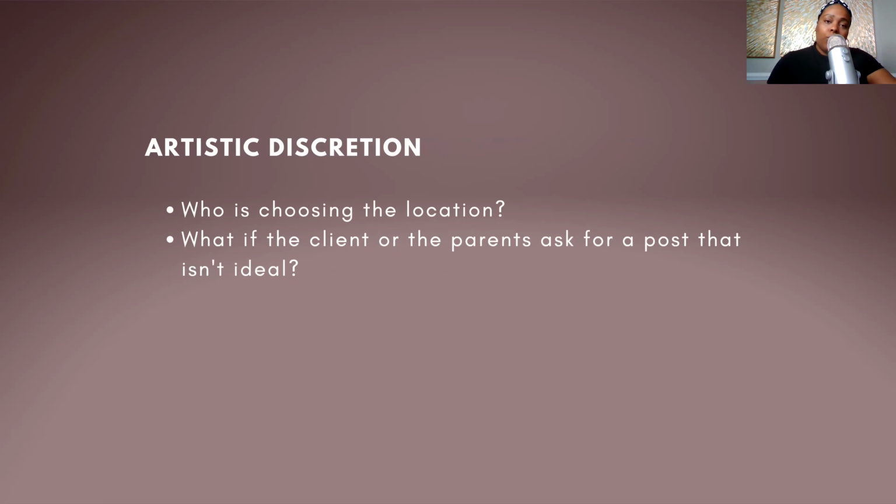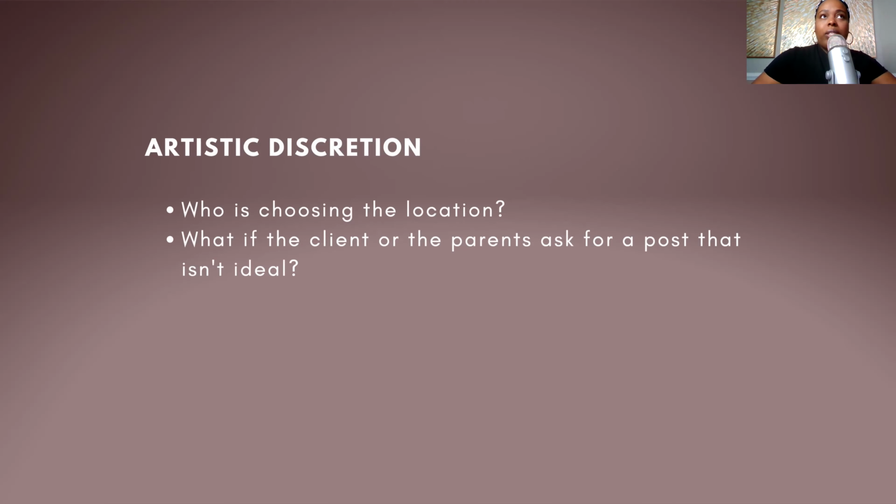I also like to include artistic discretion, something that refers to the client sort of understanding that you, as a professional artist, photographer, you have the final say with regards to how the photo shoot takes place. So, what that means is like the location, not necessarily the park or the venue.